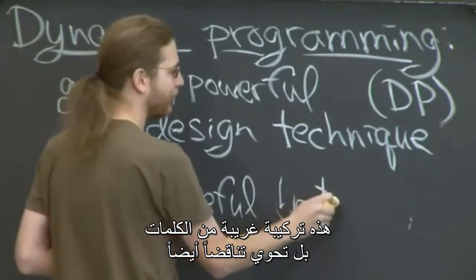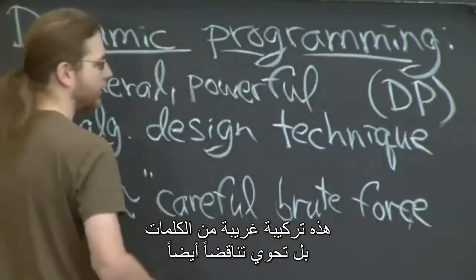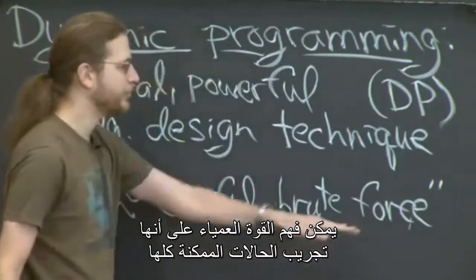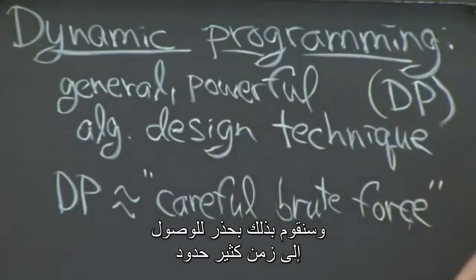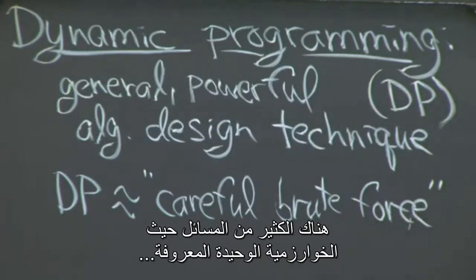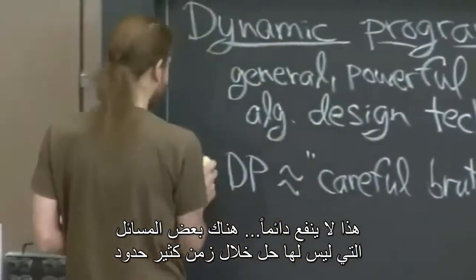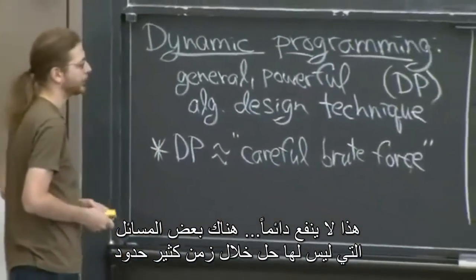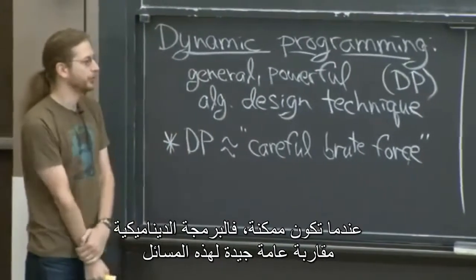It's kind of a funny combination. Bit of an oxymoron. But we take the idea of brute force, which is try all possibilities, and you do it carefully, and you get it to polynomial time. There are a lot of problems where essentially the only known polynomial time algorithm is via dynamic programming. It doesn't always work. There's some problems where we don't think there are polynomial time algorithms. But when it's possible, DP is a nice sort of general approach to it.